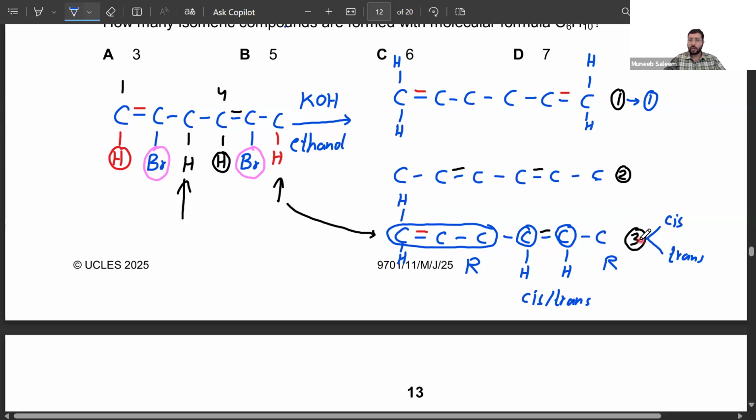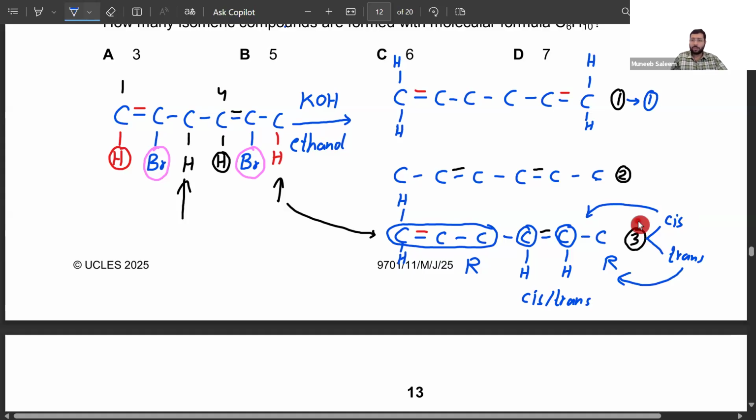So we cannot add two more isomers into the third structural isomer. We will only consider one more, because this compound could be either cis or it could be the trans that is already drawn before. Although I have not drawn in terms of the cis-trans, I just said this is the third structural isomer. So it could be the cis or it could be the trans.